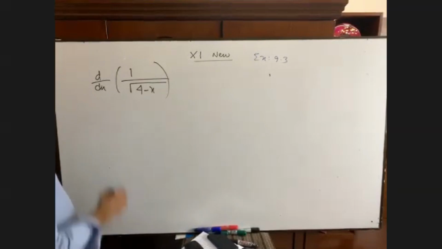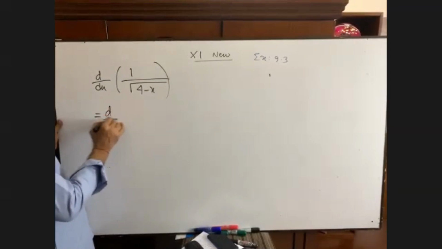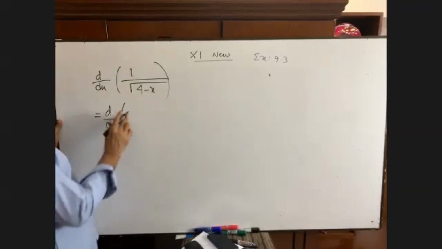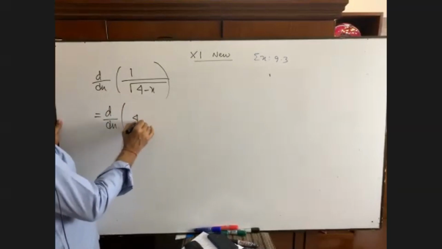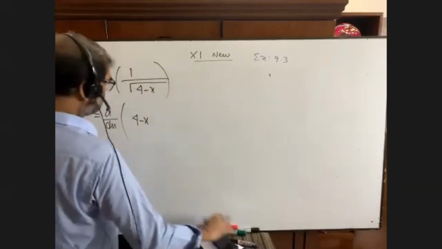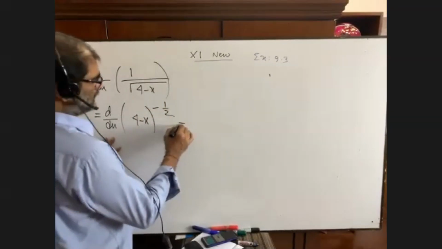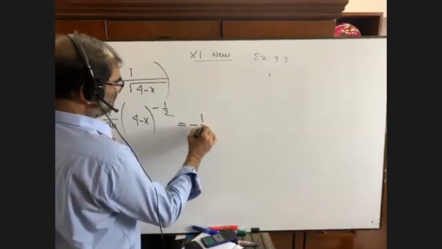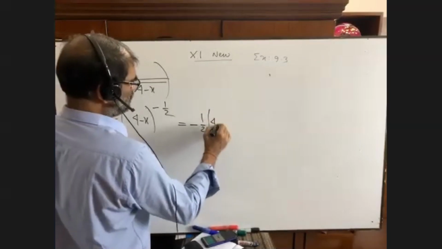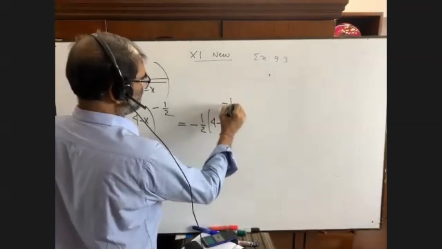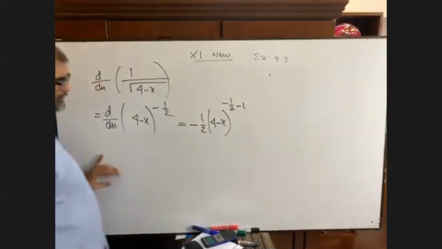What is to be done at first? We don't have any formula like this, so we have to write 4 minus x to the power half, minus half, 4 minus x whole to the power minus half minus 1, right? Up to this it is okay.